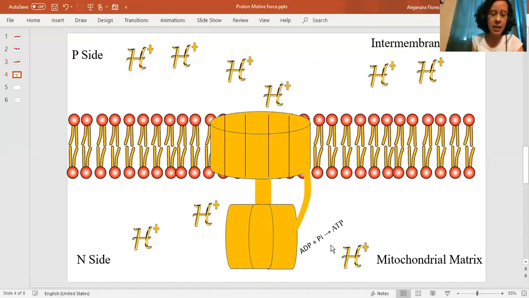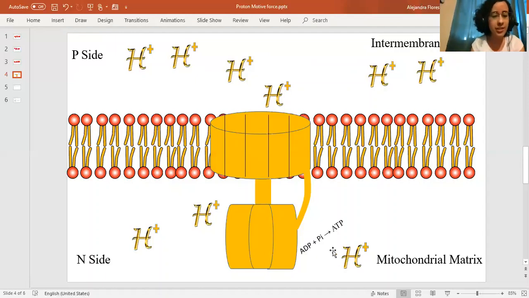So even if you don't have the electron transport chain, but you do have the proton gradient, you will still be able to synthesize ATP. And that's an important concept because that's what electron transport is doing at the end of the day. It's pumping protons so ATP synthesis can occur.